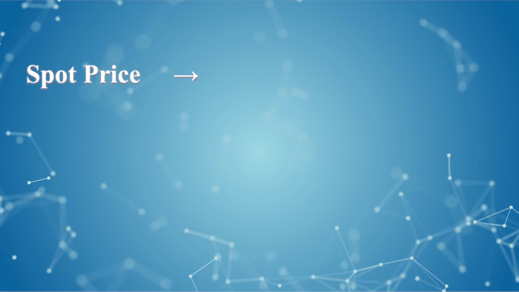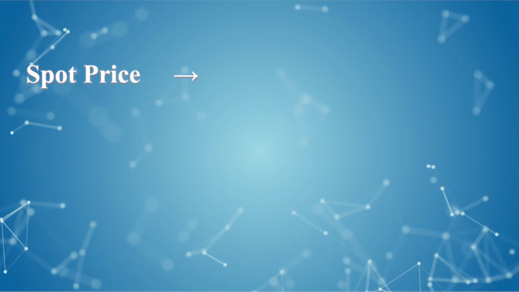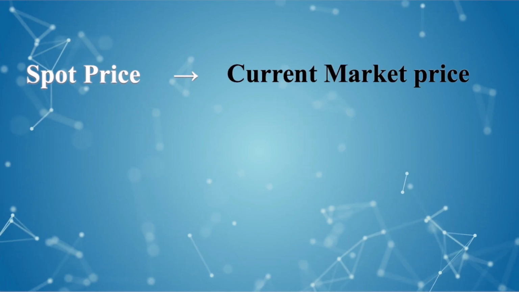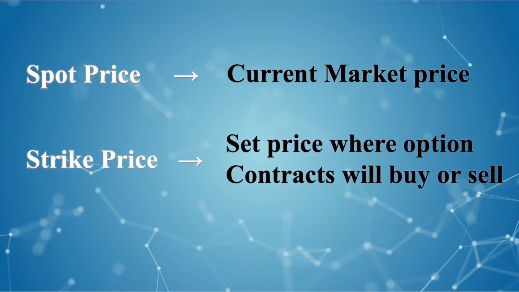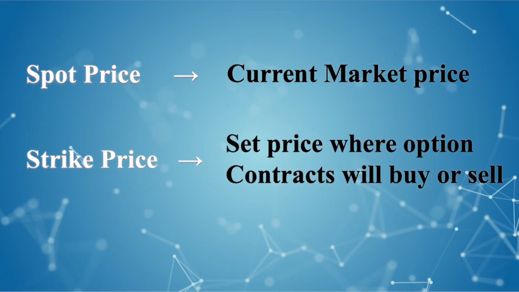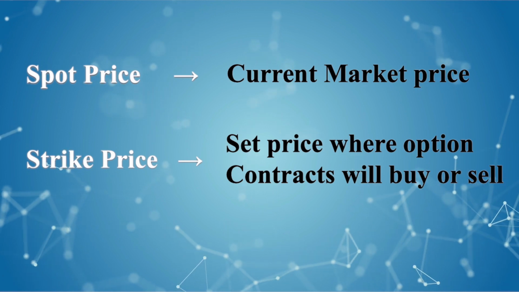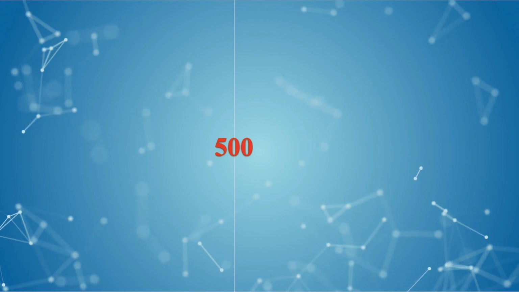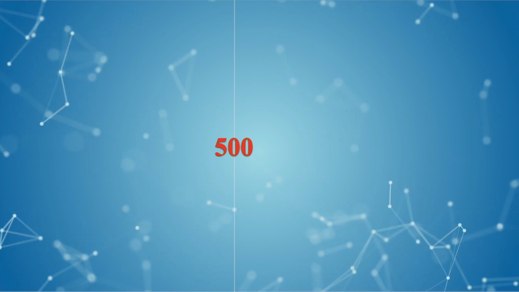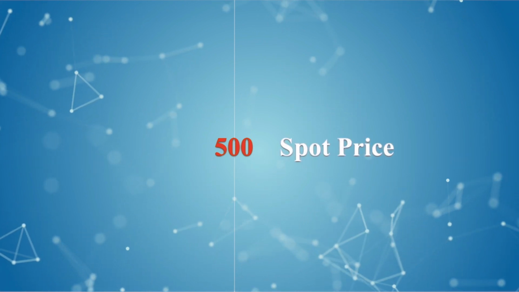Frequently, we use some terminologies in options. Let's know about them. First one is spot price. Spot price is the current market price. Next is strike price. It is the set price where option contracts can buy or sell. Let's assume current market price of a stock is 500 rupees, then it will be the spot price.